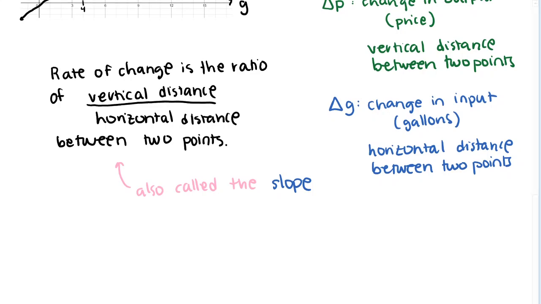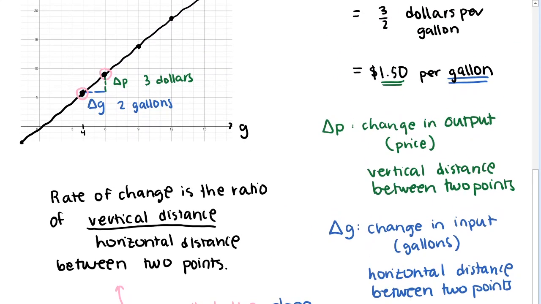We said graphically, that's really the same as finding, if we have 2 points, the change in the vertical, or the change in the y values, the output values, it's the vertical distance between those 2 points. And the change in the input values, that's the horizontal distance between those 2 points. And if we're dealing with a line, usually if we're not thinking of a situation, we're just looking at an equation or something, when we talk about the change in the outputs divided by the change in the inputs, we refer to that sometimes as the slope.